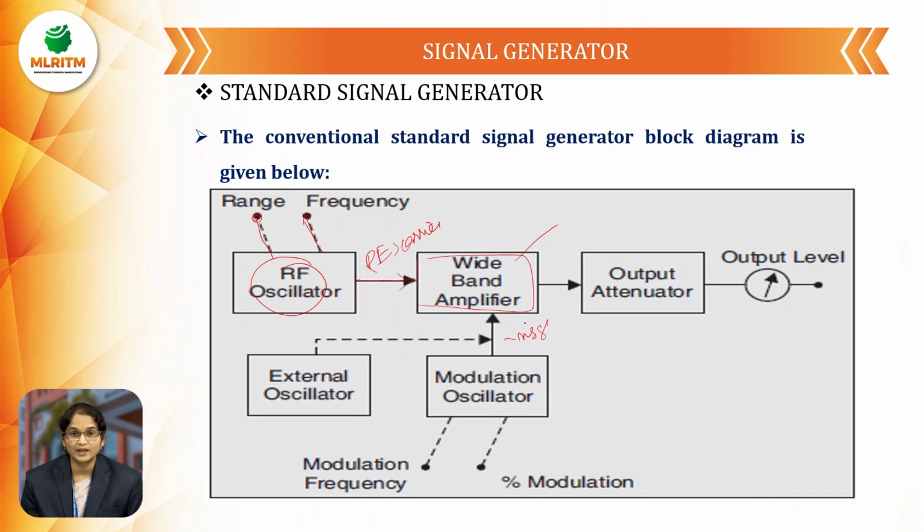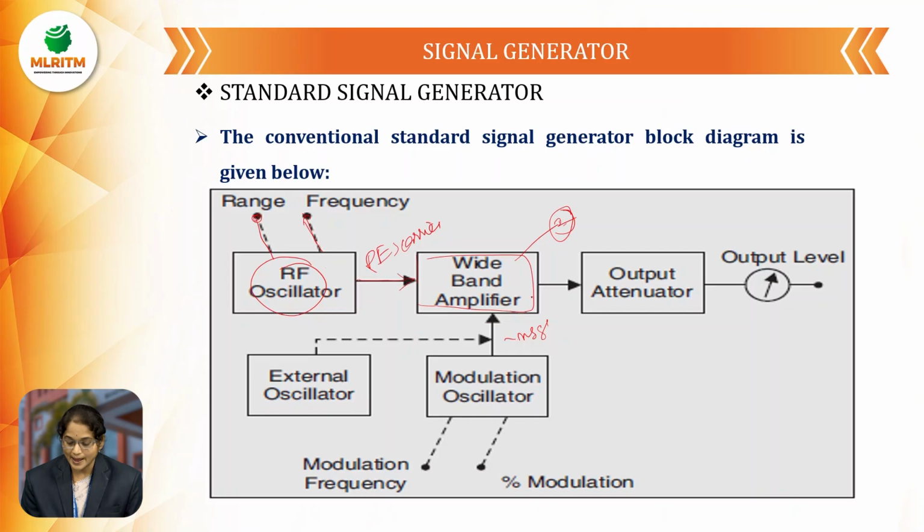We give both as inputs to the wideband amplifier. The main function of the wideband amplifier is to multiply both signals coming from the inputs, the RF carrier signal and the message signal, and we get the resulting signal.